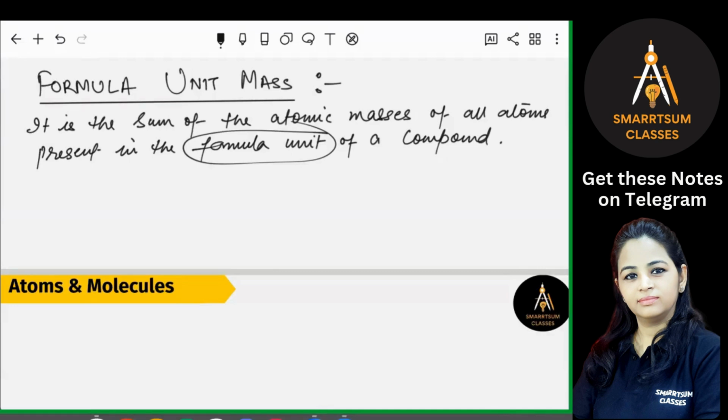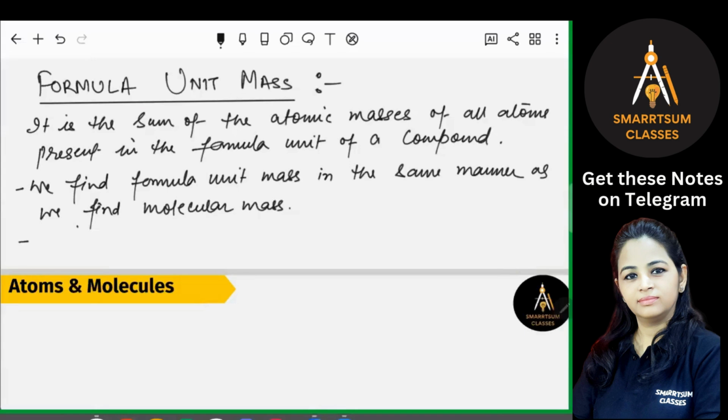How to find it? We will find it exactly in the same way as we find the molecular masses. Again, it is the sum of the atomic masses of all the atoms present in that formula unit of a compound. Is that clear? So write down. We find the formula unit mass exactly in the same way as we find the molecular mass.